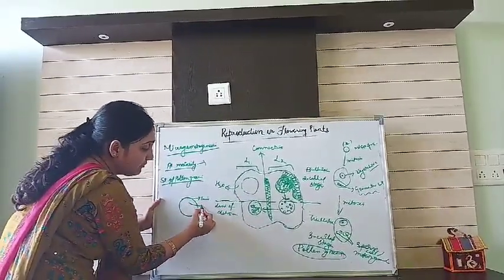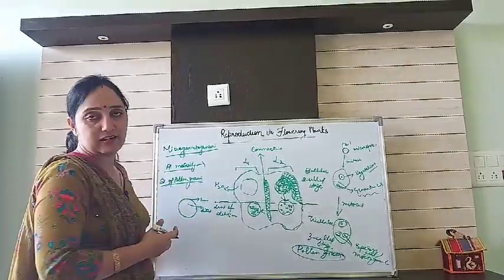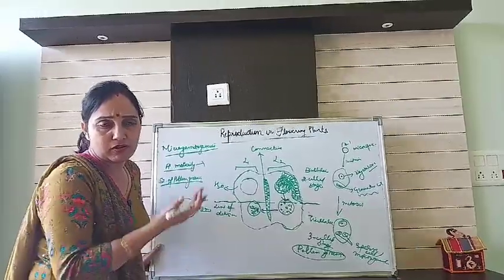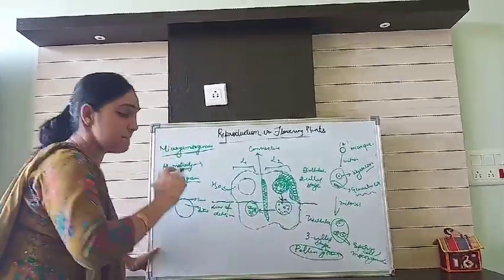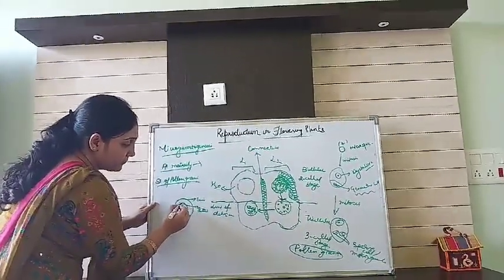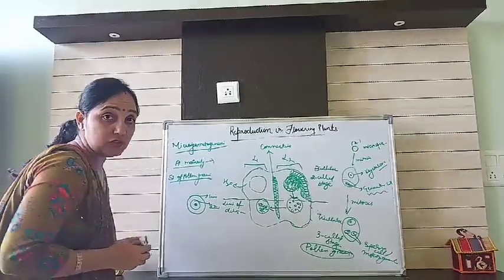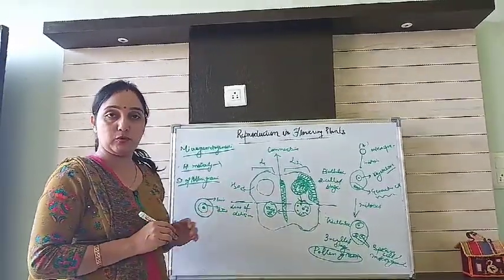After exine, we have intine. This intine does not contain sporopollenin; it contains cellulose and other materials. It encloses the plasma membrane, and here we have the pollen with its contents. So these are the layers you should know.